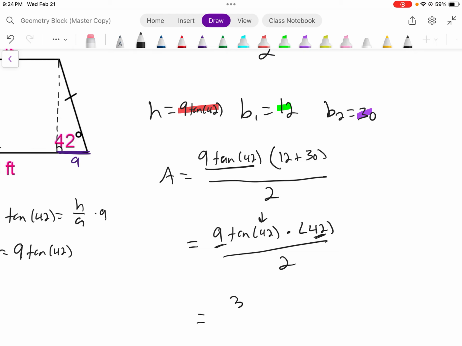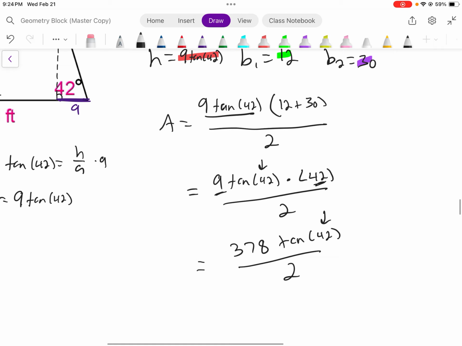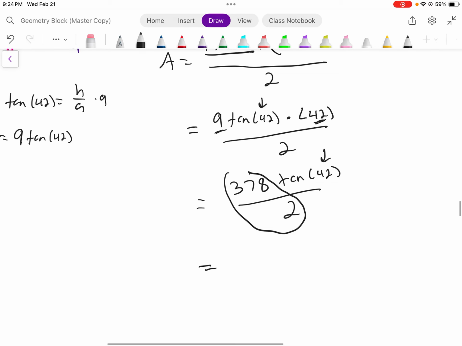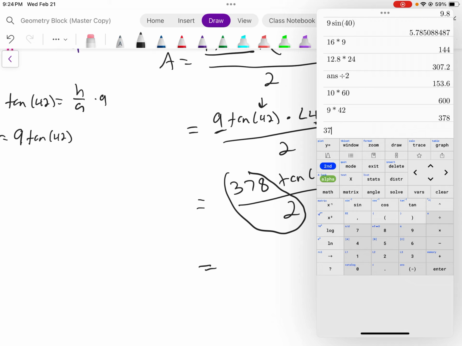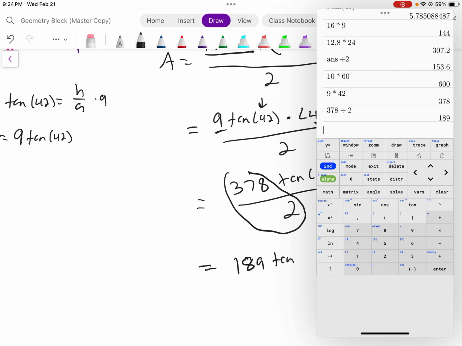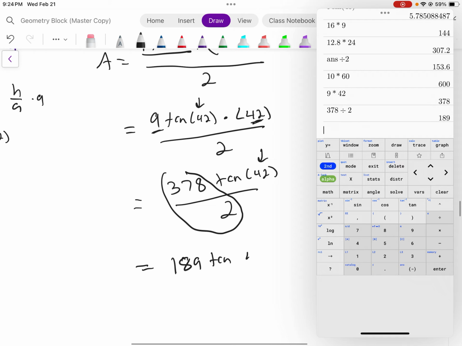That's 378. So we've got 378 tangent of 42, because again, the 42 is an angle. You do not mess with that. Divided by 2. Now I could even simplify here if I wanted to. 378 divided by 2 is 189 tangent of 42.